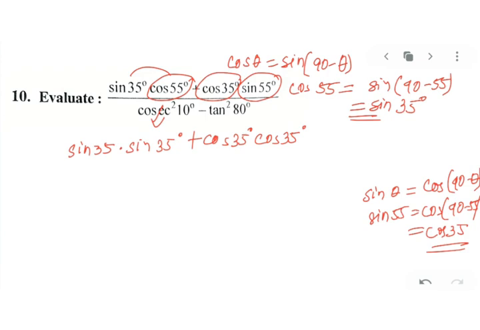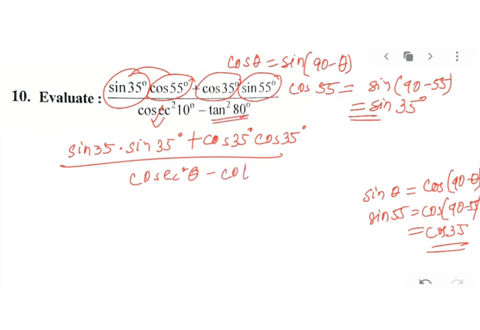So you got that. How did I convert it? I have kept one same and one I have converted so that I get some point. Next I have down cosec square 10. So I'll keep it cosec square 10 as it is. For tan square 80, can I write cot square 10? Cot square 10 degree. Got my point clear?